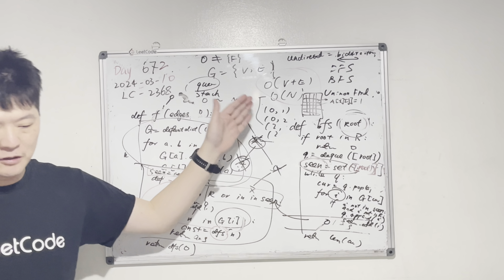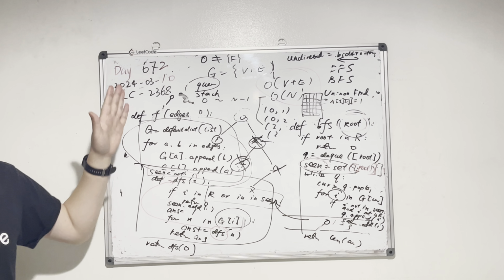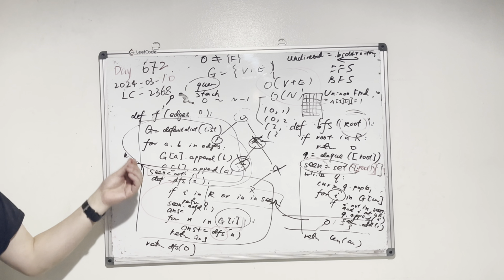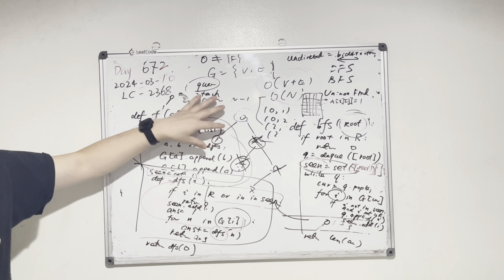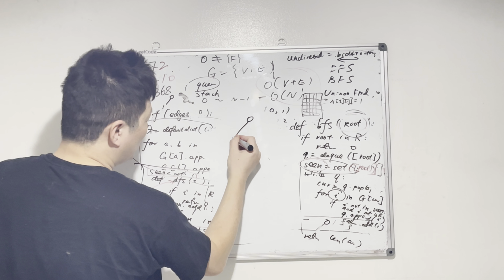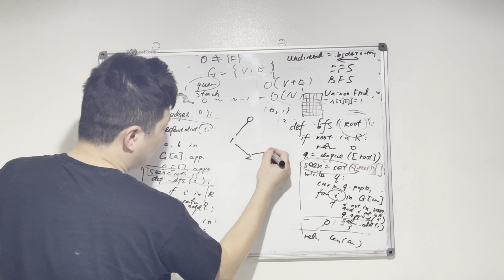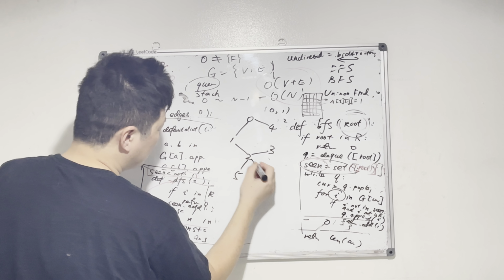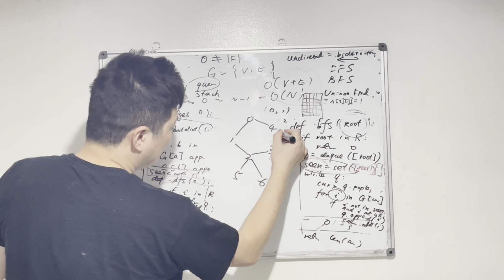Today we're going to talk about solving this problem using the disjoint set union find. The reason we can apply disjoint set is because we just want to count how many nodes are in this group together with node 0. Node 0, 1, 2, 3, 4, 5, 6, 7.